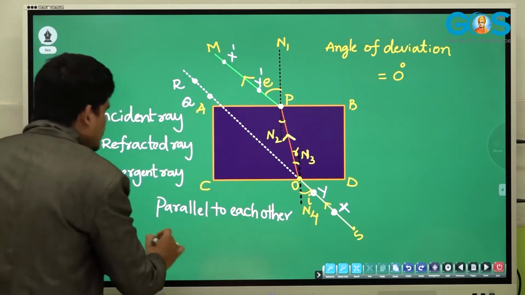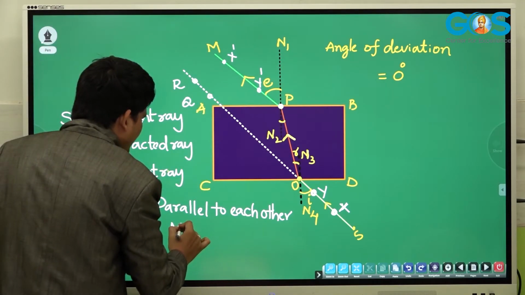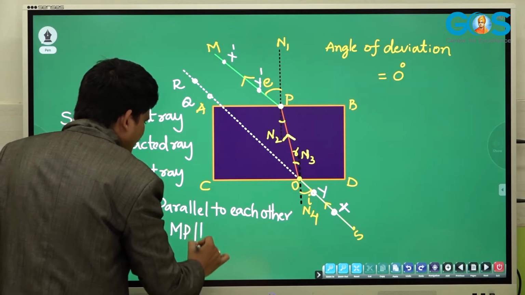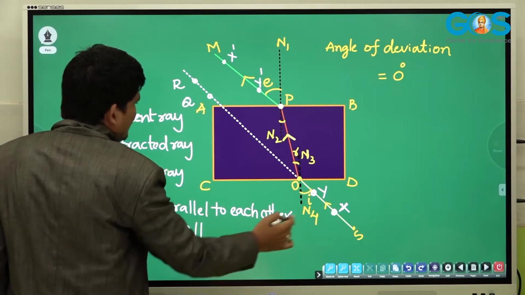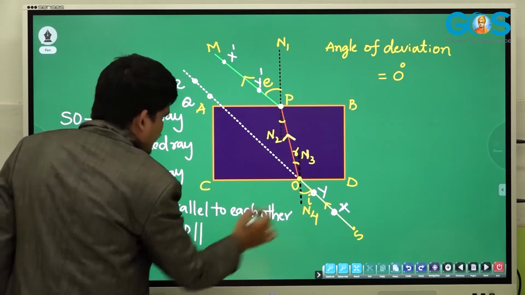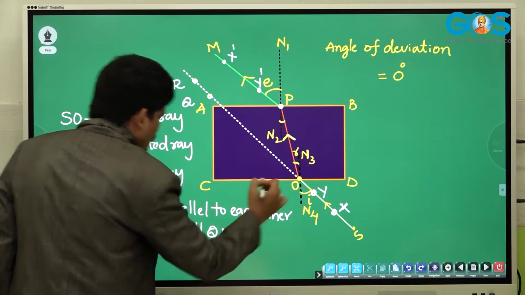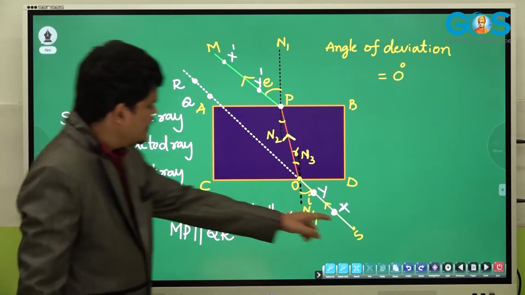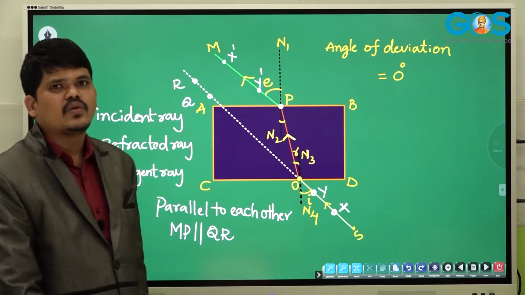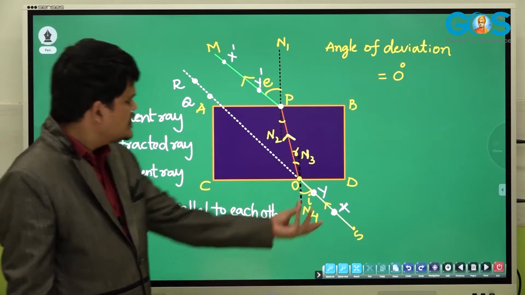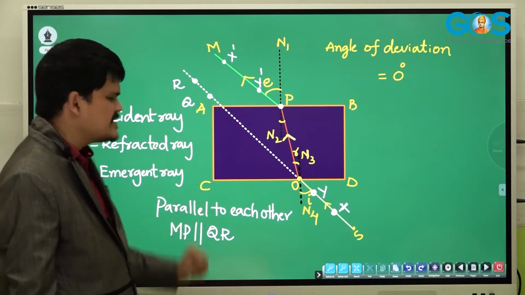What are the two rays? The emergent ray MP is parallel to the extended incident ray, that is QR. So actually what is the total ray? SOQR is the total incident ray. So the emergent ray appears parallel to the extended incident ray.